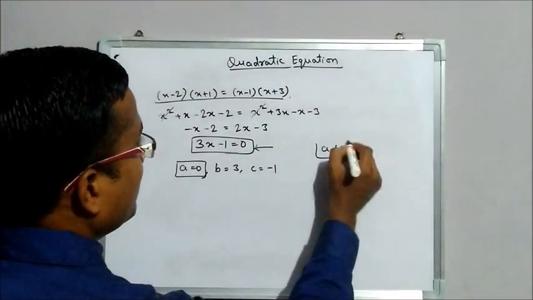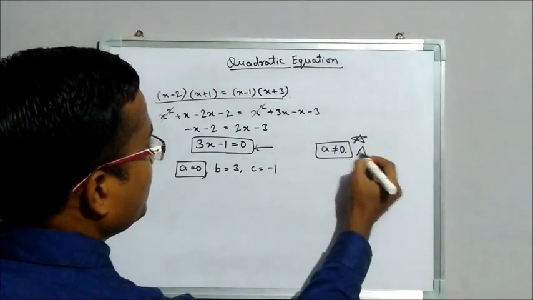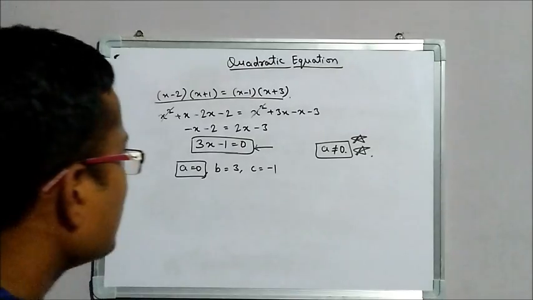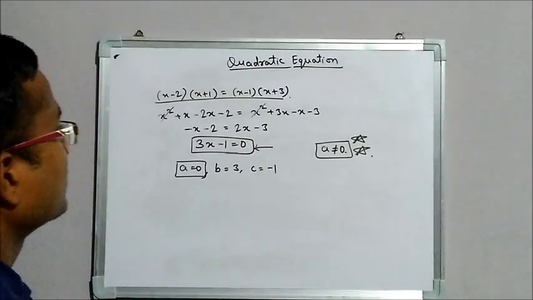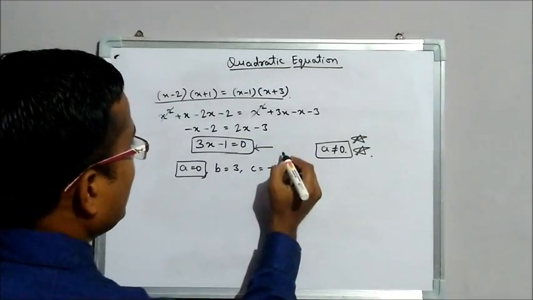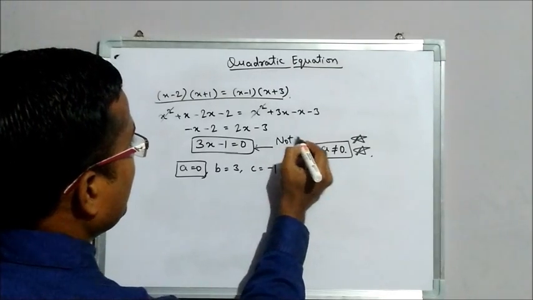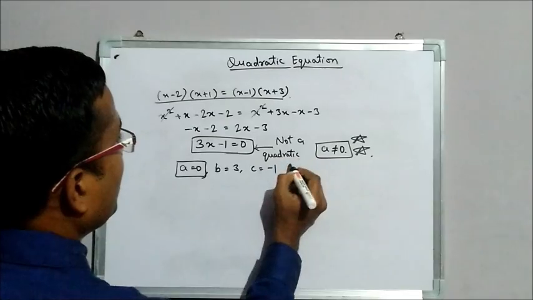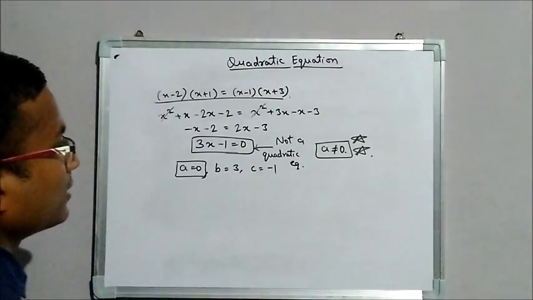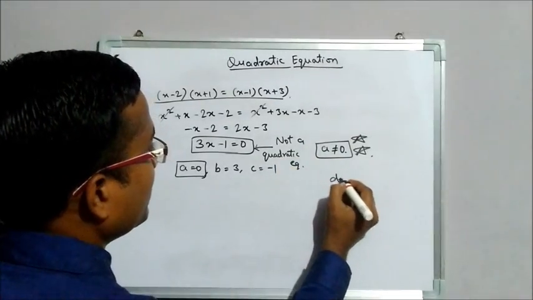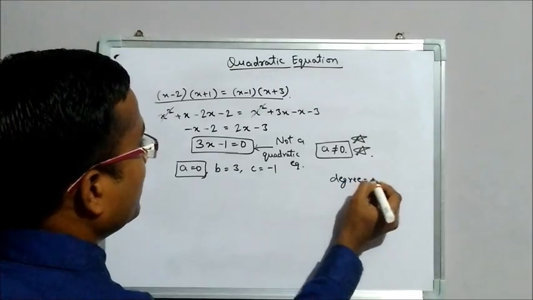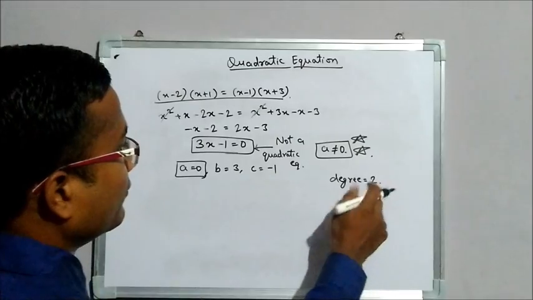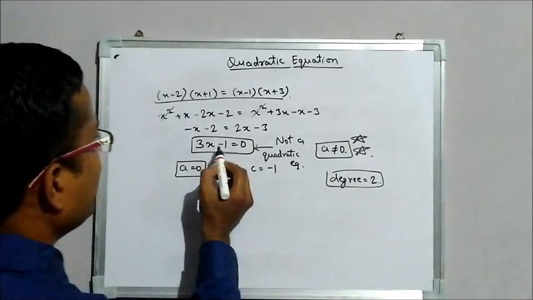The important condition, that a should not be equal to 0, cannot be satisfied here. So this is not a quadratic equation. We know that in a quadratic equation the degree is 2. Here the degree is 1.